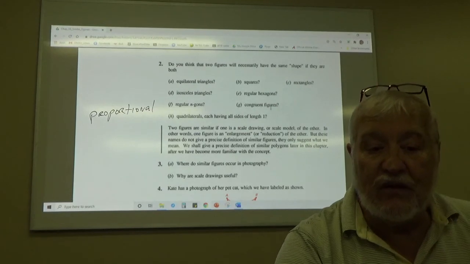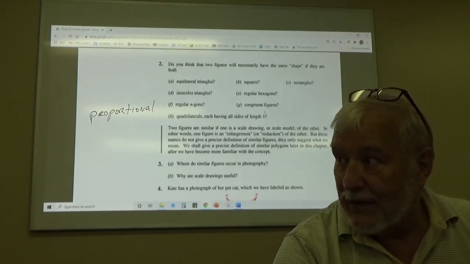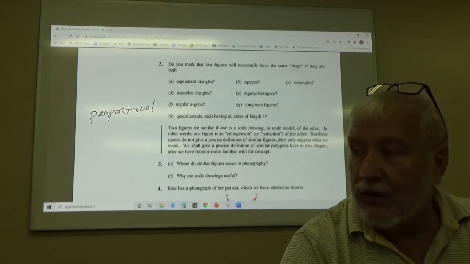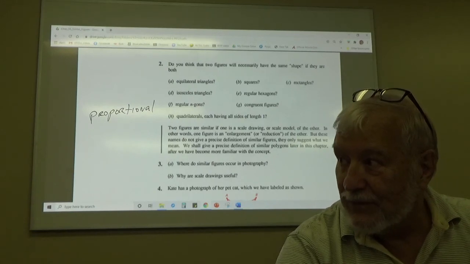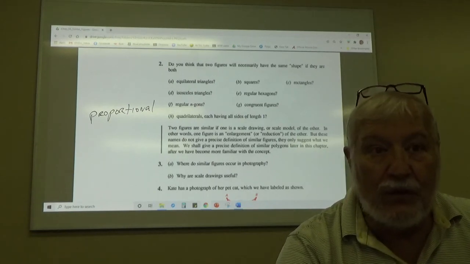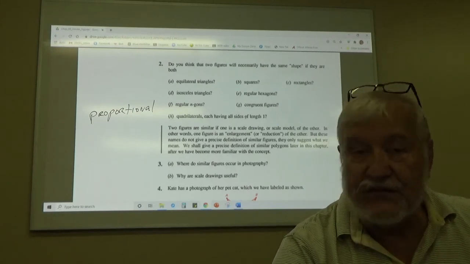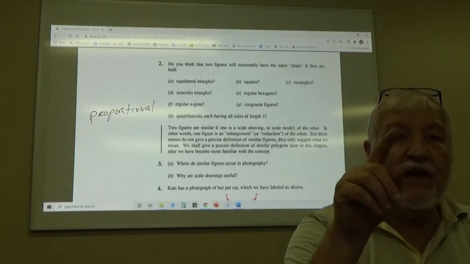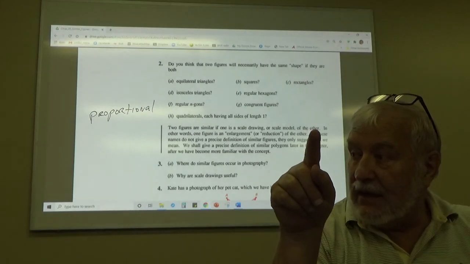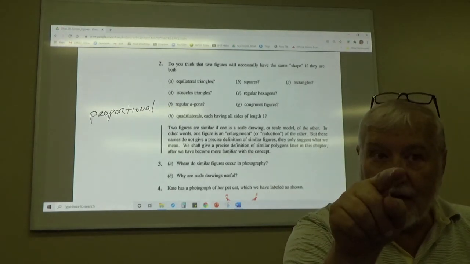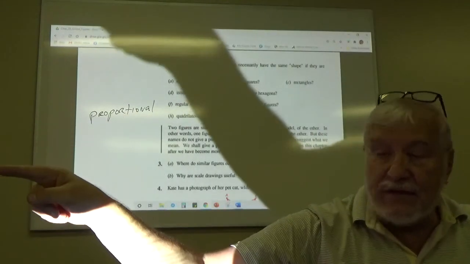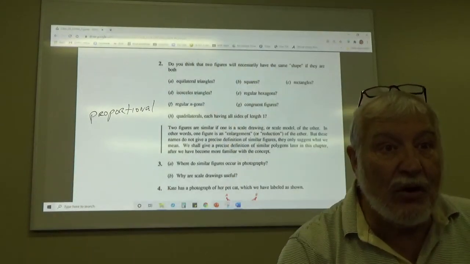Now, congruent figures. This is interesting. What is the multiplier on congruent figures? What's the proportional multiplier for a congruent figure? Think of it this way. In a congruent figure, side A in this triangle is what with side A prime?